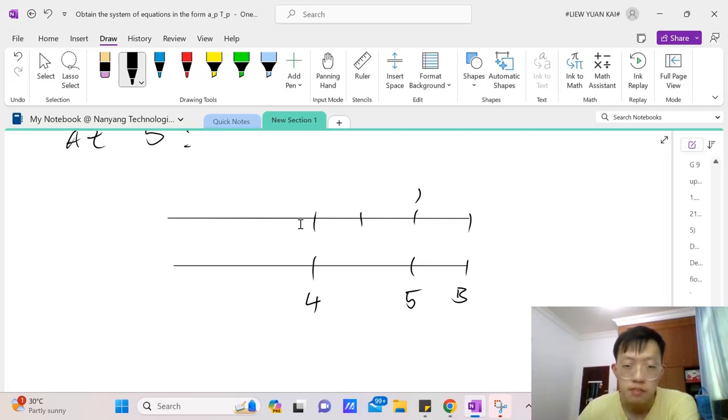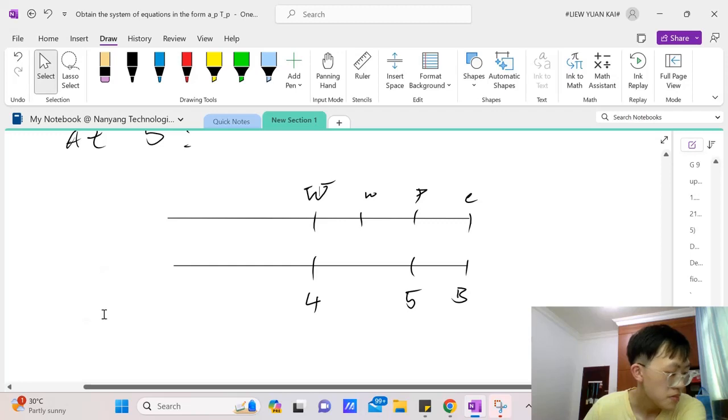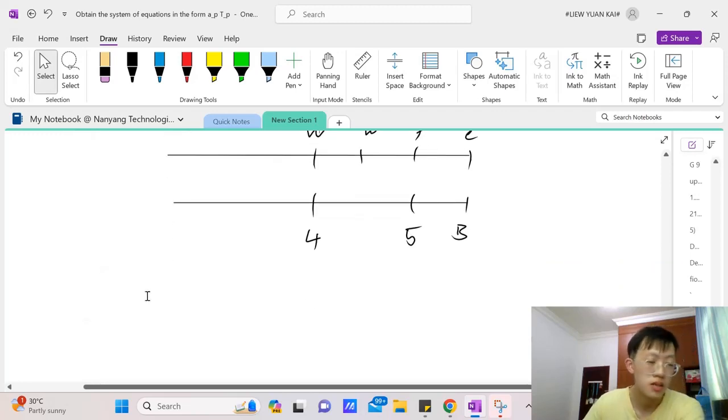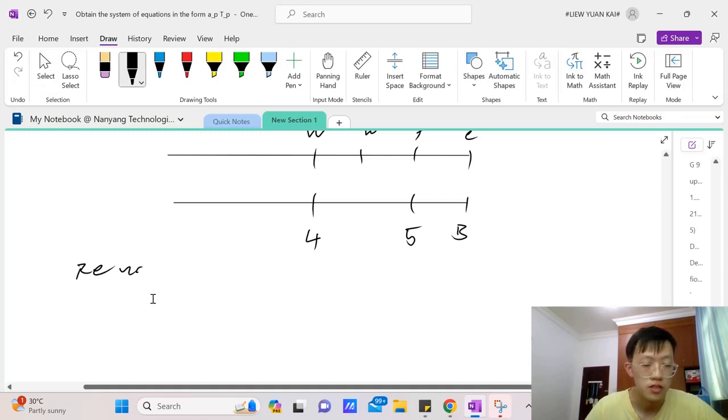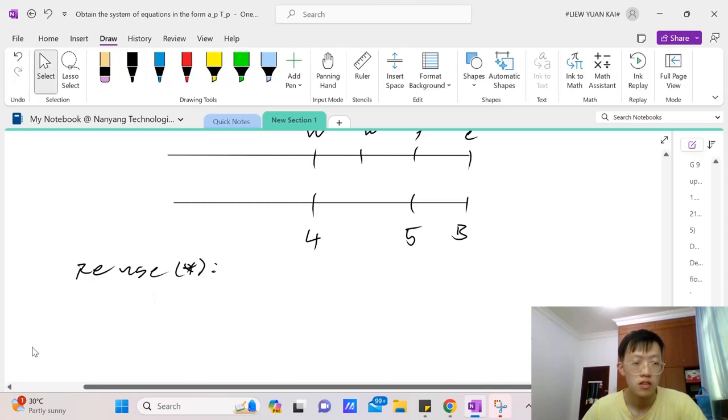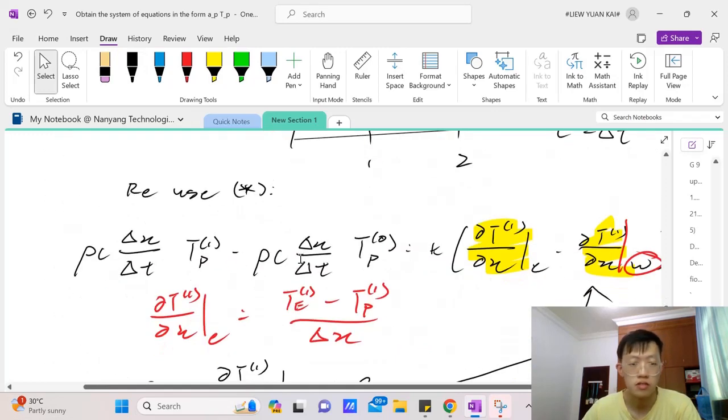This is P, this is small e, small west, and this is big W. Then we're gonna reuse equation star. Let's go ahead and reuse that.